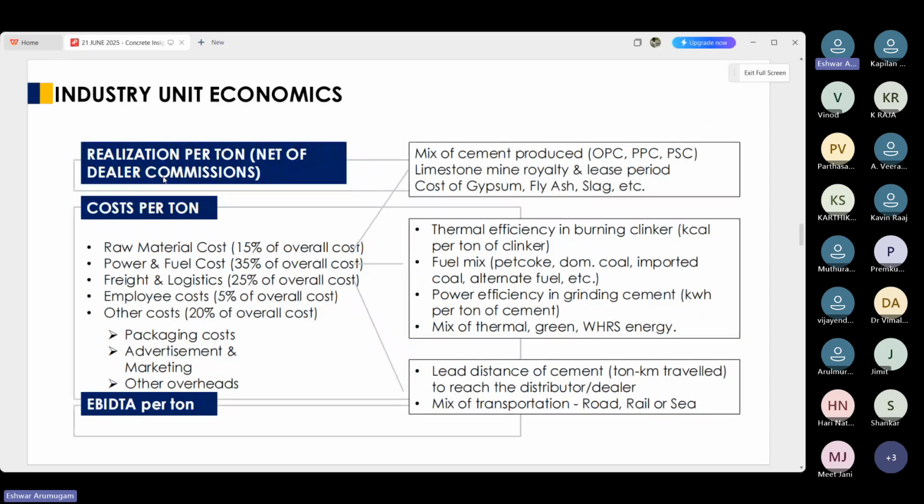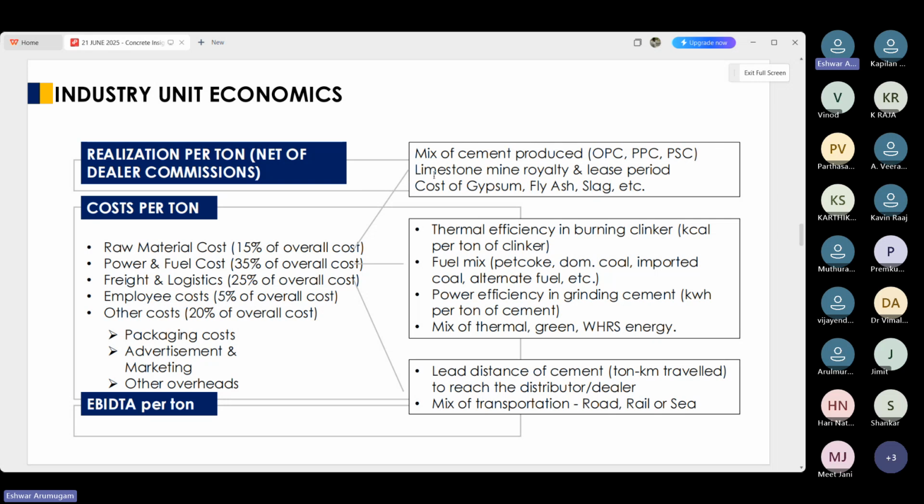So this is the unit economics of cement production. The realization per ton and the cost per ton of cement depend on various factors like the mix of the cement produced. If you produce more OPC, your cost will be higher compared to PPC and PSC.